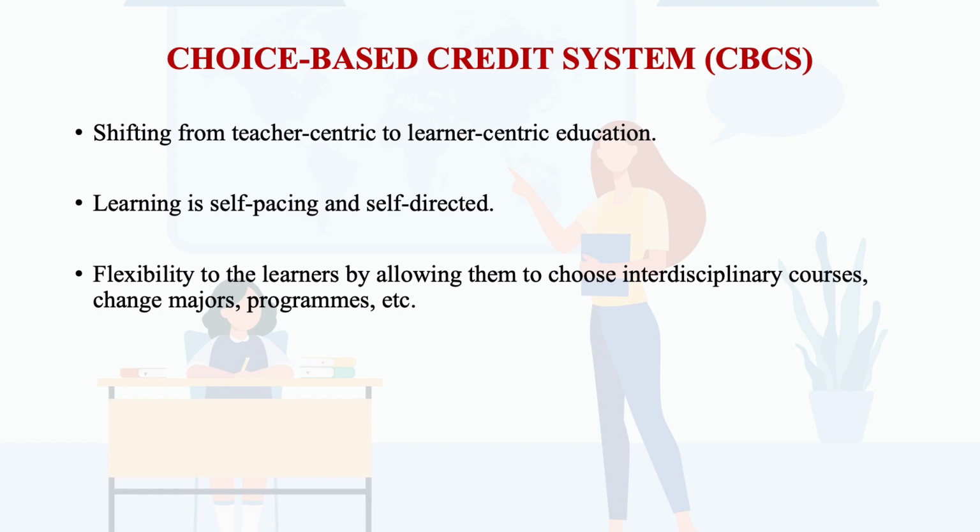and involved in the process of assessment. And further, flexibility to the learners by allowing them to choose interdisciplinary courses, and change major courses in the same program. So they should have the opportunity to choose the courses that they want to pursue. Here space is given to the learners so that they can select a course of their own choice.